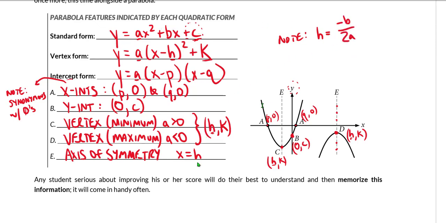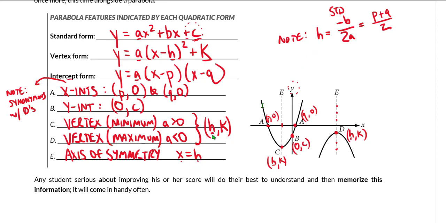So we could find that h value, which is the x value at the vertex, and also the x value at the axis of symmetry, by doing negative b over 2a from standard form. We could also find that h value from intercept form by taking the average of the zeros. Remember that that axis of symmetry must occur at the midpoint between the two zeros. Midpoint is exactly the same as average, so if we average the two zeros, the p and the q, we will get our h value.